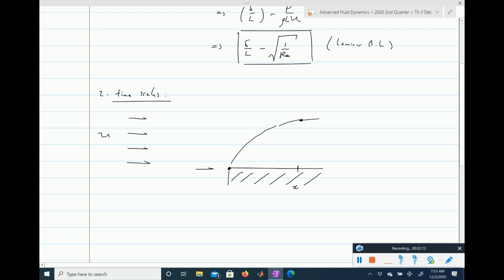Of course, it's not really like that, but let's think that we have two regions, where there is no vorticity here, and where there is vorticity. How can we approximate the thickness over which vorticity will have diffused?